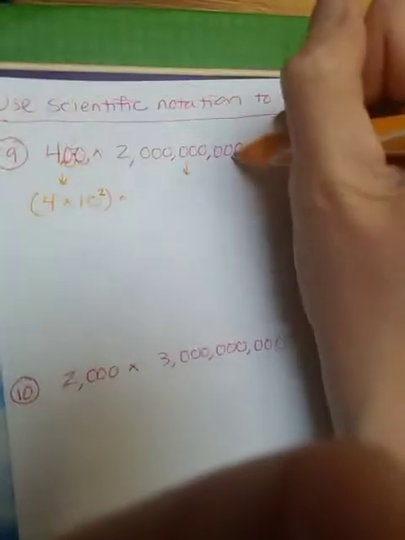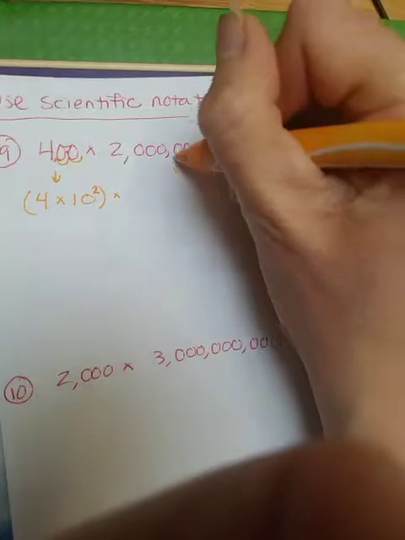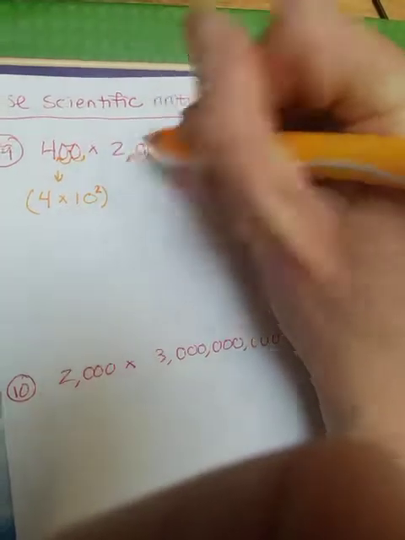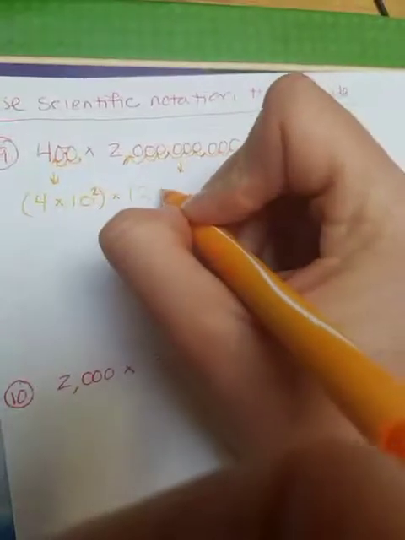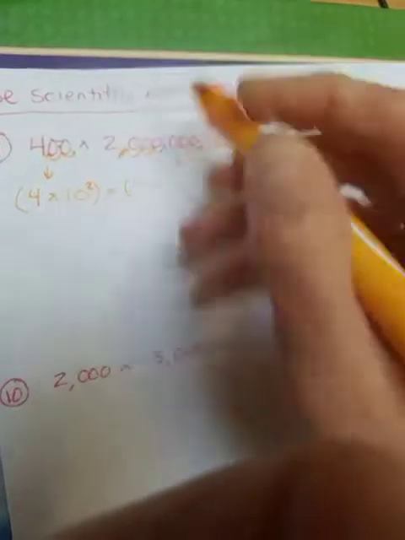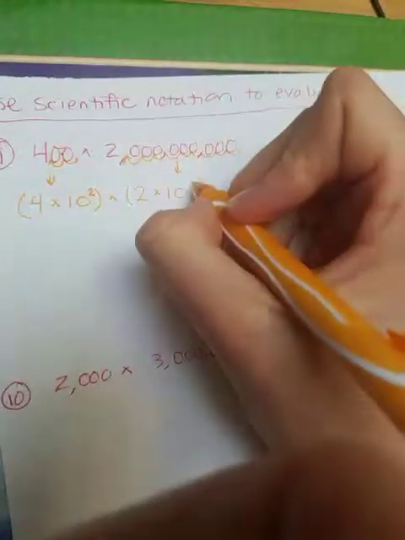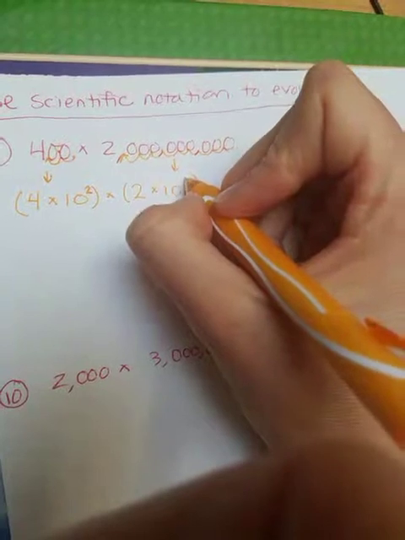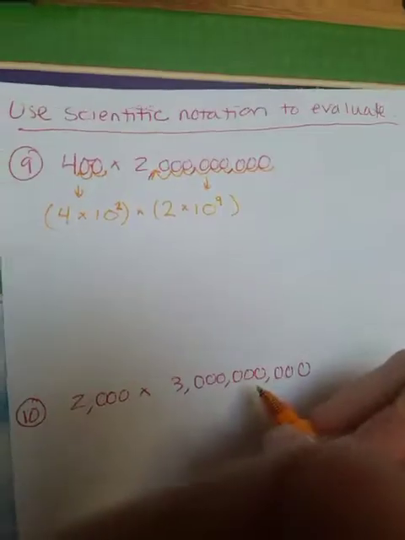Okay, now let's rewrite 2 billion. So I have to move the decimal point 1, 2, 3, 4, 5, 6, 7, 8, 9 spots to get 2. 2 billion is greater than 1, and we moved it 9 spots, so it's positive 9.